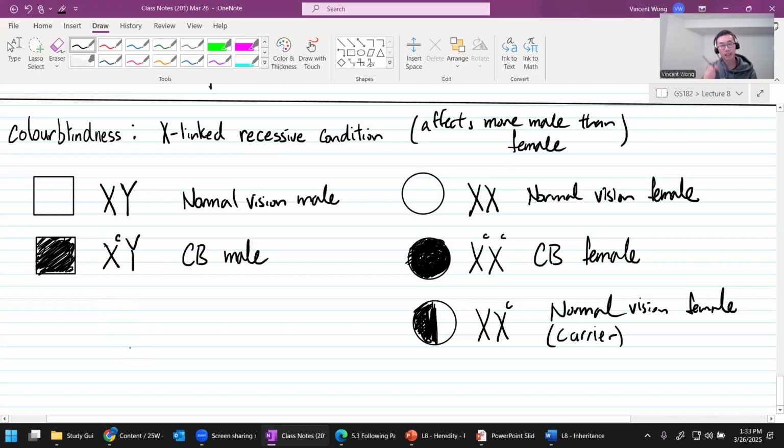Now listen carefully. I'll write this down for you later on. What if it's X-linked dominant? If it's X-linked dominant, do you think it affects more males than females, or both the same, or more females than males? We're talking about X-linked dominant now. Let's think about that for a second.